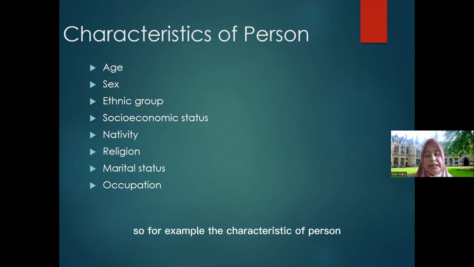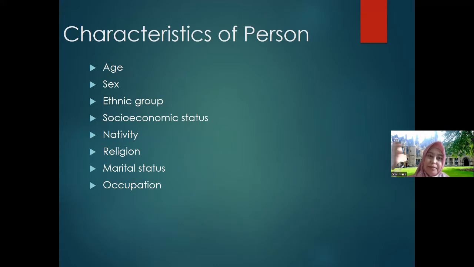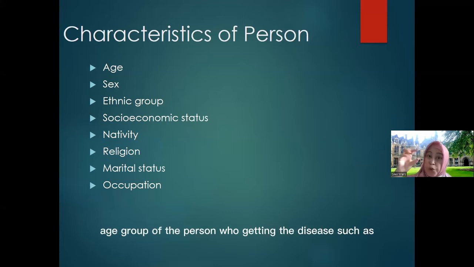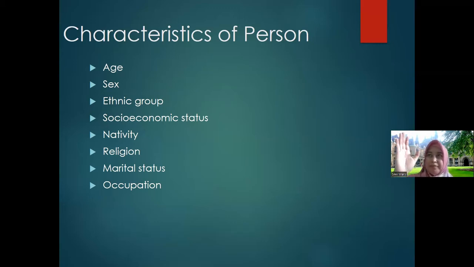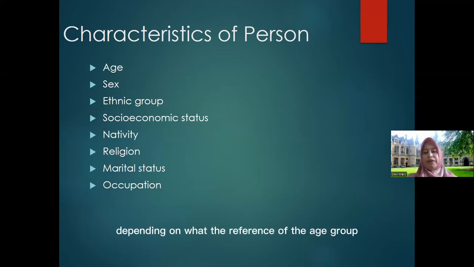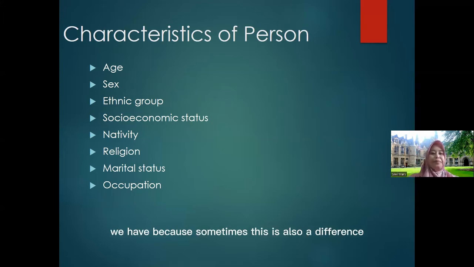For example, for a characteristic of person like age, in descriptive analysis we can divide or categorize the age groups of the persons getting the disease, such as children, adults, or older persons, or we can have other criteria depending on the reference age groups we have.